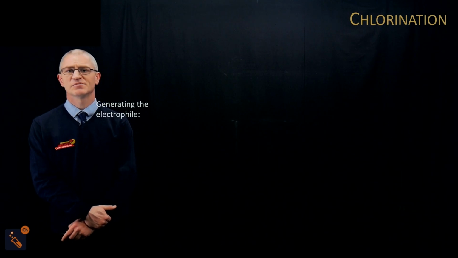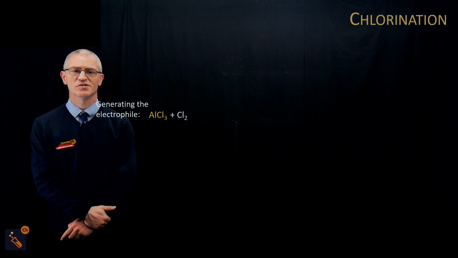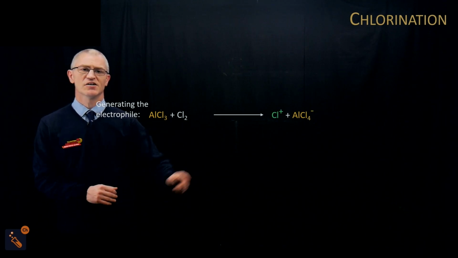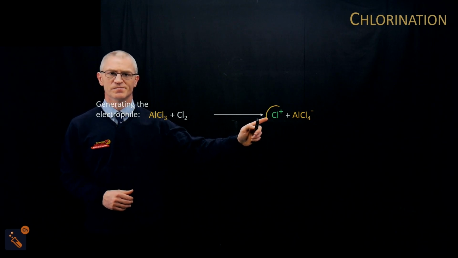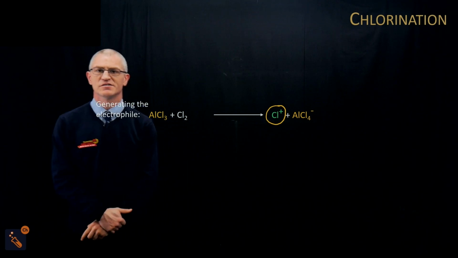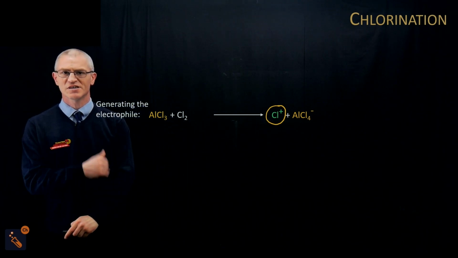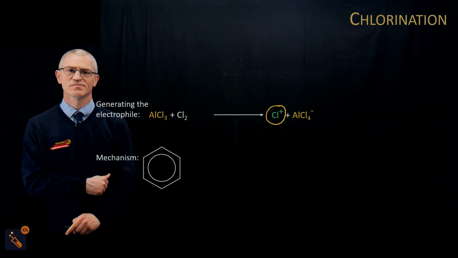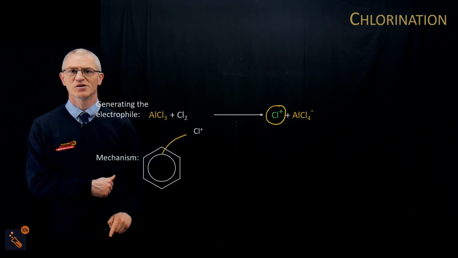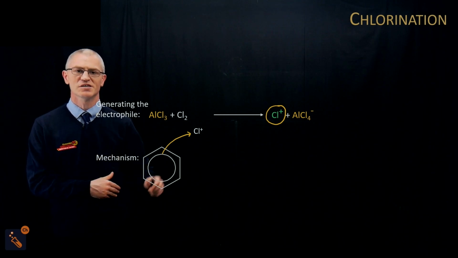So chlorination is about generating the electrophile, which we've already gone over. So AlCl3 plus Cl2. And there's our electrophile that is produced. Now, we'll come back to AlCl4- in a second. We now want to take our electrophile and do the mechanism. And the mechanism, taking the electrons out from there to the Cl+, like in the general mechanism that we did.